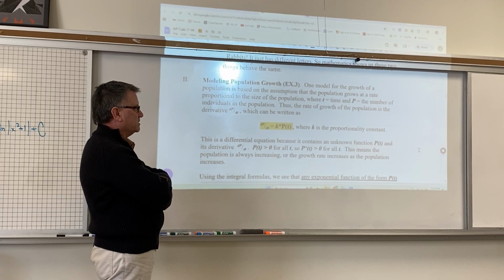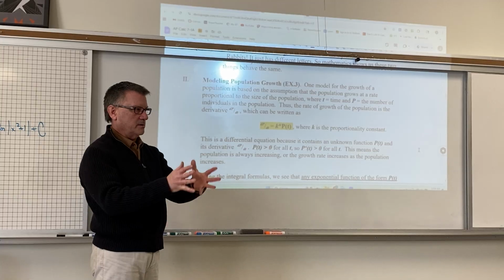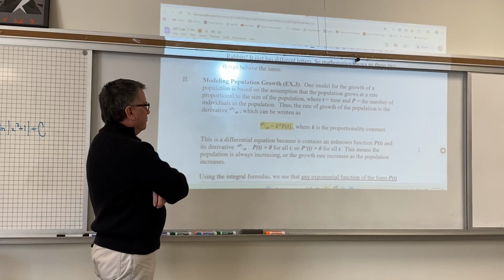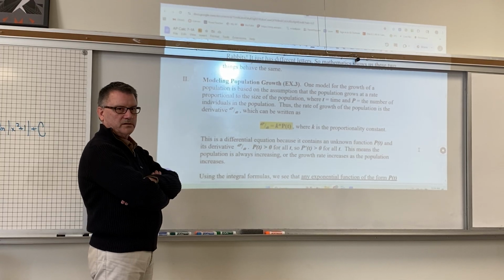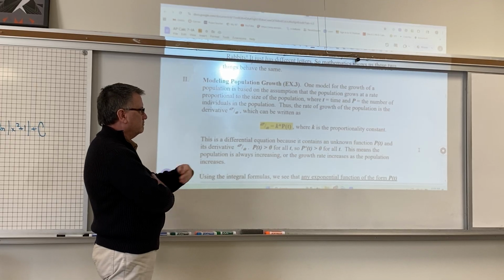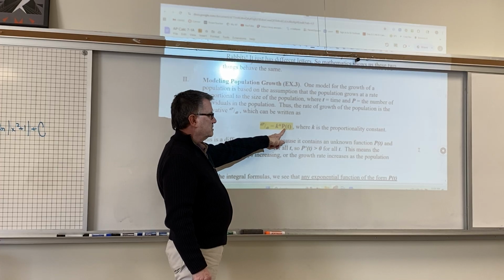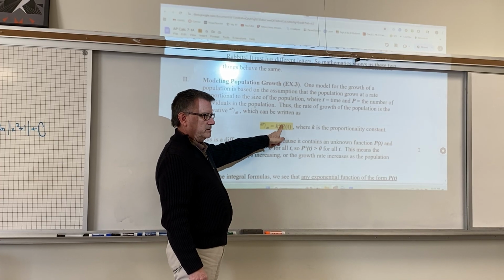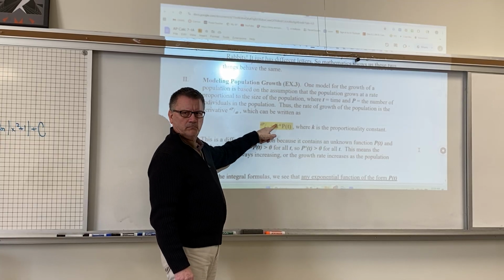And if we let t equal time and p equal the number of individuals and how big the population is, how big the pot of rabbits, the growth rate of the population, we can call it dp dt. And that can be modeled like this. K times the population at any particular time. K seems like r.